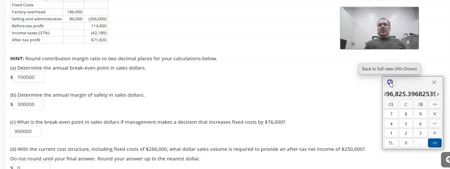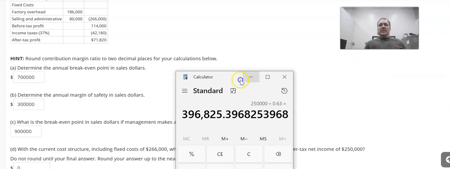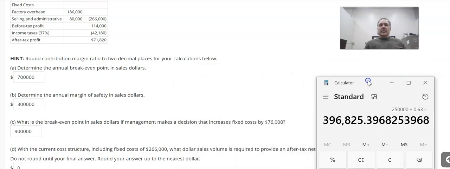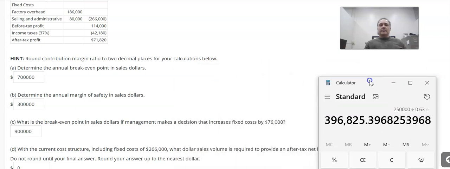Okay. And that gives us a big old number. Let's see what we can do here to maybe make this where we can see it. Okay. So we've got 396,825. Blah, blah, blah. And notice it says do not round until your final answer.